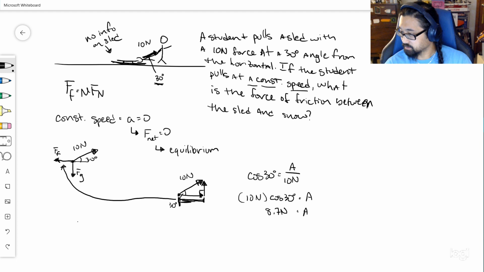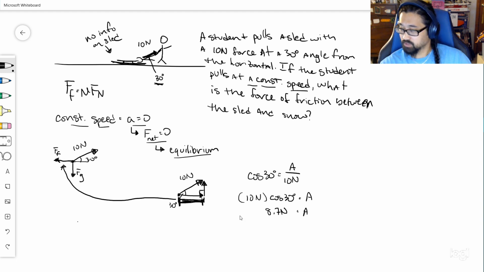is 8.7 newtons, and because we know it's moving at a constant speed, which means there's no acceleration, which means net force is 0, which means equilibrium. Because we know all of this, if I solved for this part, then I also solve for the force of friction, which means that the force of friction is also 8.7 newtons.